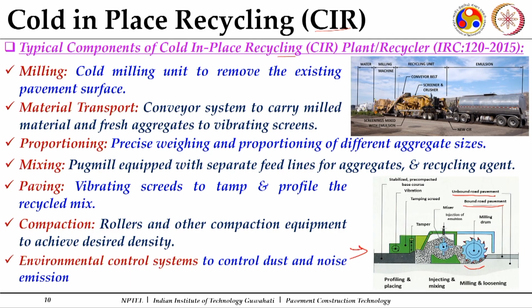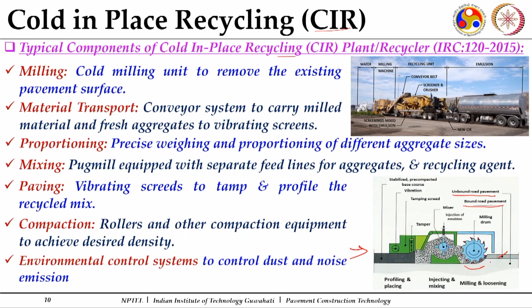So, typically it will be restricted to your bituminous bound courses. I can say this is a bituminous wearing course, and there may be a bituminous base course or a binder course. This milling drum is going to remove these. Finally, in this milled material, you will have the injection of emulsion or the foamed bitumen, along with any additives, and this is the mixer which mixes for a definite period of time and then it comes out.